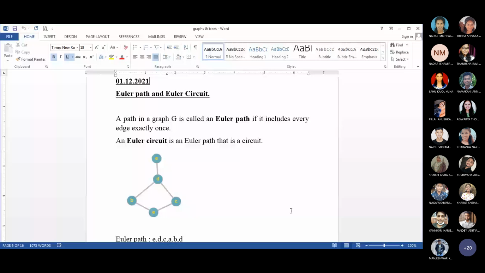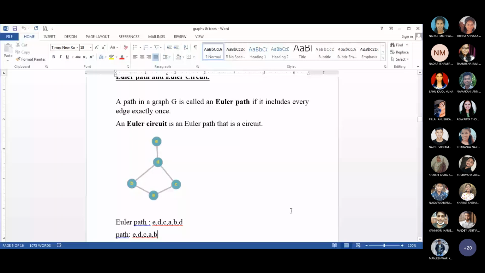And what is a Euler path? Euler path means every edge is considered exactly once. Obviously path है तो तुम्हारा edge repeat नहीं हो सकता है, but यहाँ पे वो कंडीशन के साथ और एक कंडीशन है कि every edge has to be considered exactly once. ठीक है.